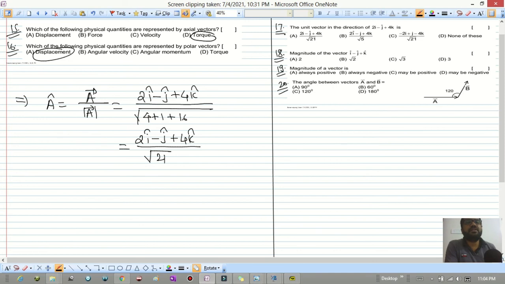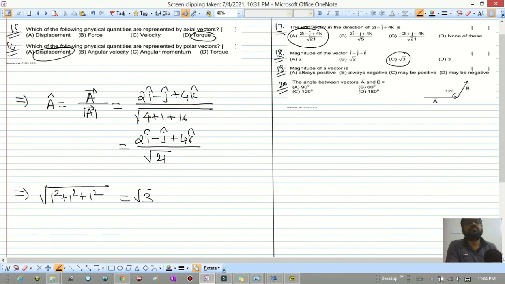And it is given in option A. Next, the magnitude of the vector can be calculated by using root of first component squared plus second component squared plus third component squared. It will become root 3.